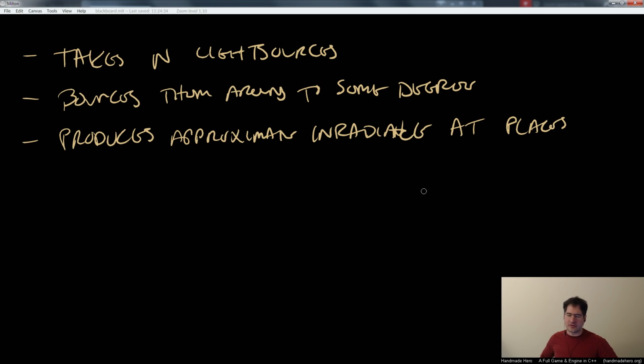Now, one thing that's interesting, and I'll point this out, is that in general, it's usually possible to transform, if you will, an area lighting problem into a point lighting problem just by using more points, right?